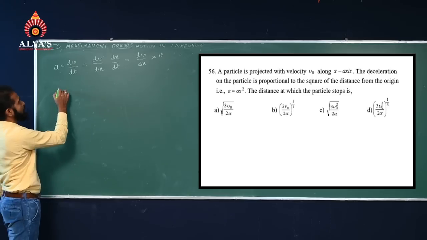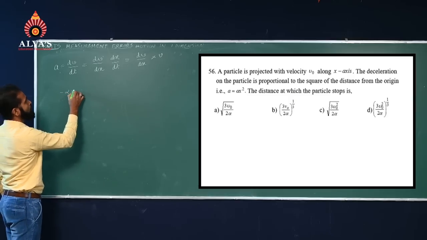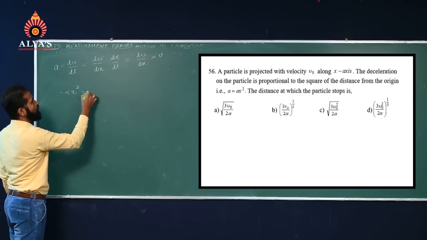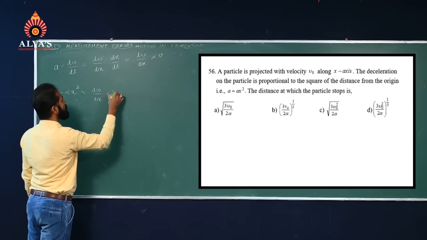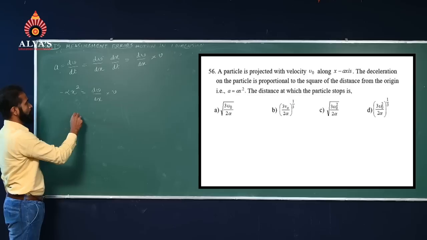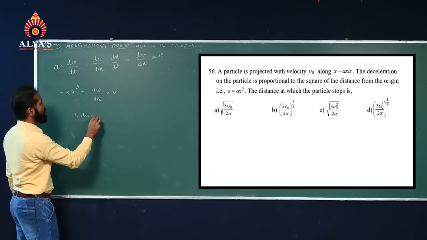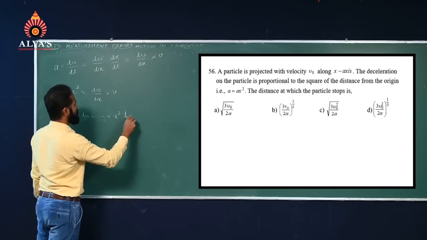So since there is a word retardation, that acceleration is negative. So minus alpha into x square should be equal to dv by dx into v. So let me take dx to the other side. So that becomes v dv equal to minus alpha x squared into dx.